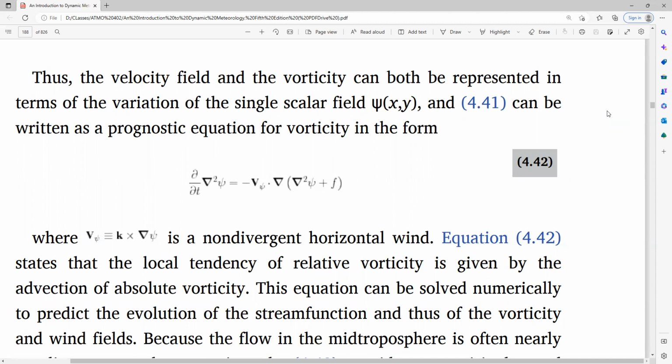So in this equation, the stream function is defined, with gradient psi cross k being the velocity. So what is the unknown in this equation, 4.42? It only has one variable.